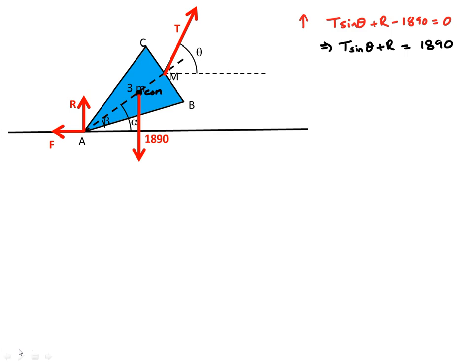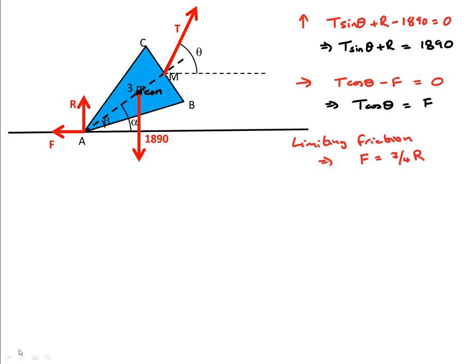Resolving horizontally, we have T cos theta minus F must equal 0, so T cos theta must equal F. We know that the lamina is in limiting equilibrium, so F must equal 3/4 R.